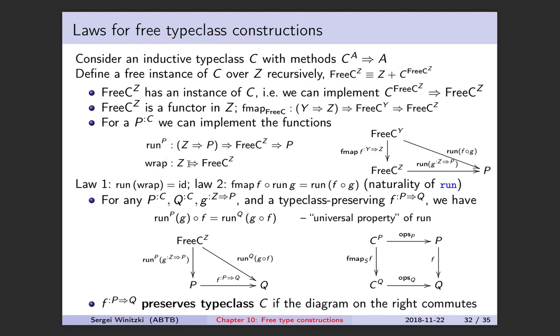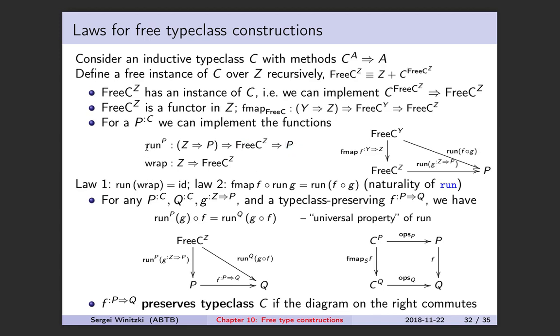So the wrap will lift a value of Z into the free type class instance, and the run will take a free type class instance. It will also take this extractor function, which translates Z into P, and then it can translate the entire free instance into P.